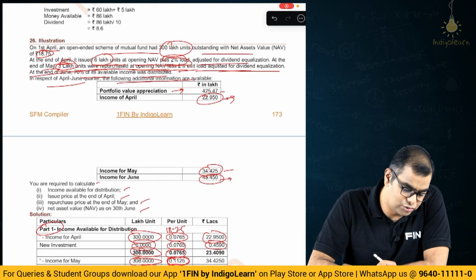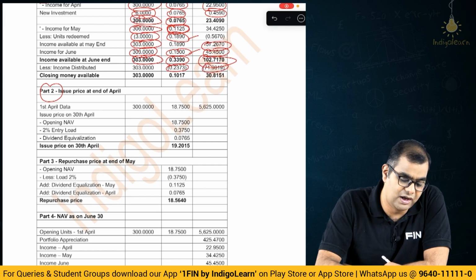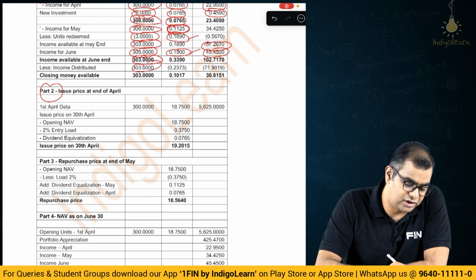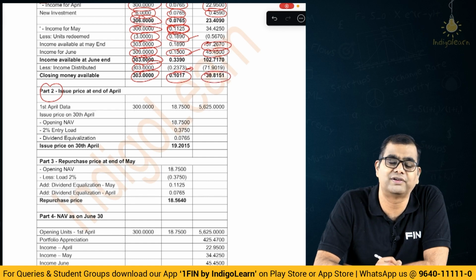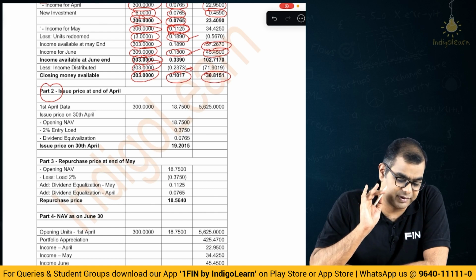From this, what did you do? You distributed 70% of the income. What is 70% of 0.339? 0.2373, or 70% of 102 is 71.9019. So, basically, you have 303 units and the closing money after distributing, you have 0.1017 available and 30.8151 as the income available for this particular entire set of investment value.